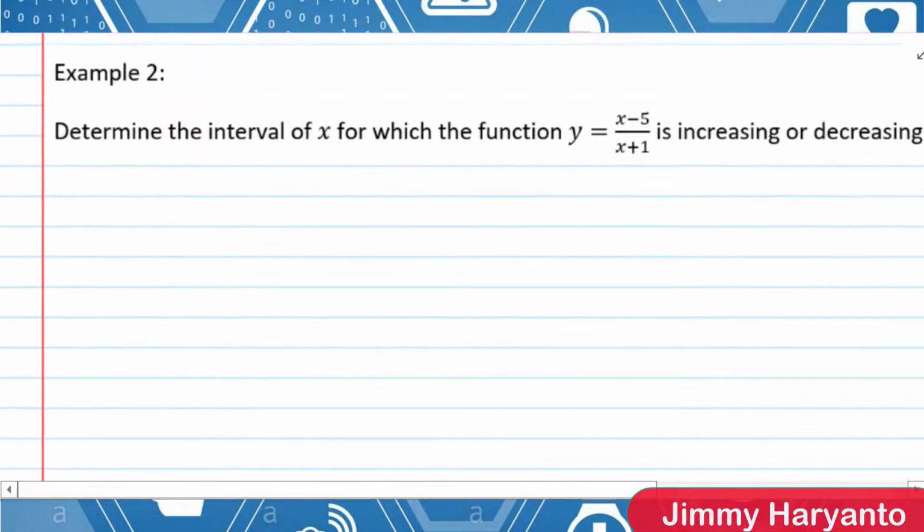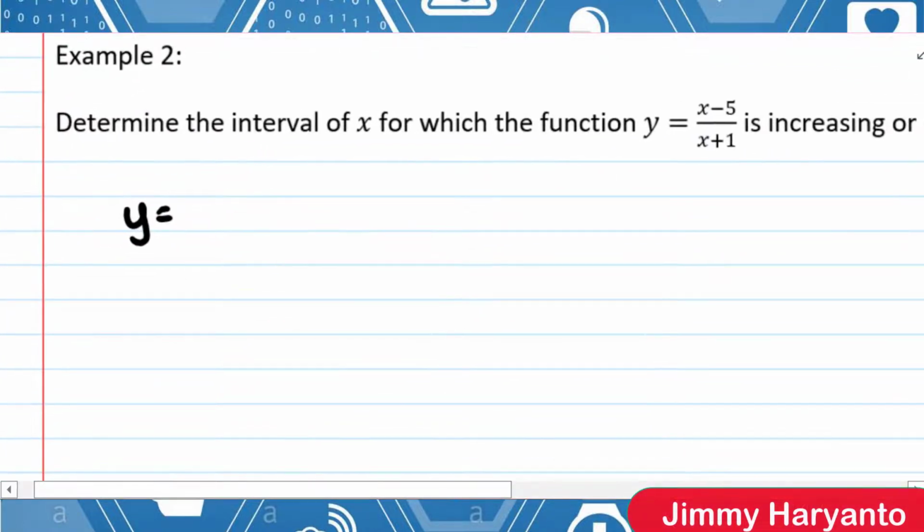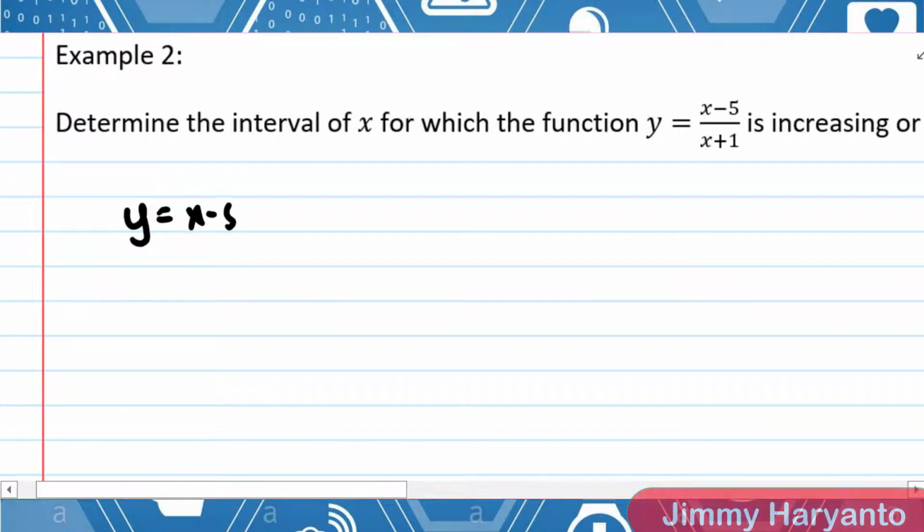Next is example 2. Determine the interval of x for which the function is increasing or decreasing. It's still the same, but for this one I think we have to use u' v over v square, so let's use u over v. The u' will be 1 and the v' will be 1 also.